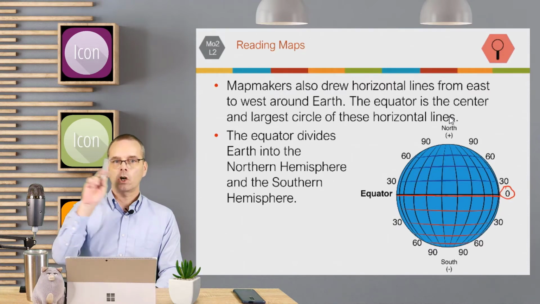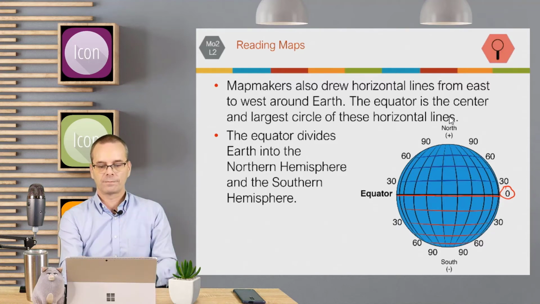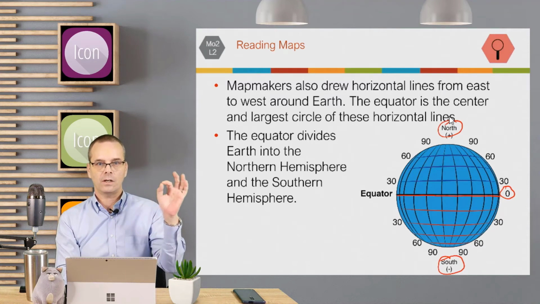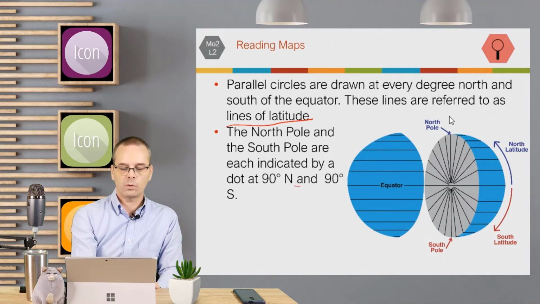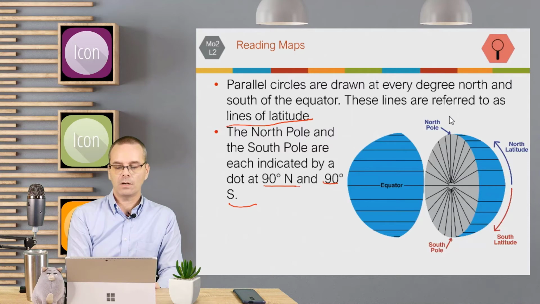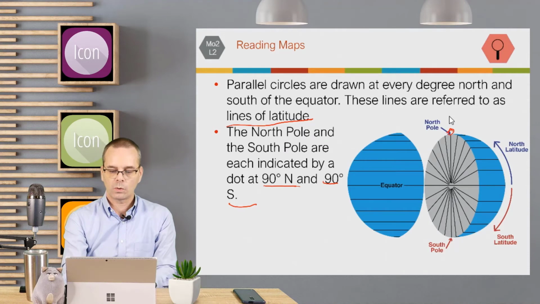That's the largest one, going right through the center of the Earth, and it divides the Earth into the northern hemisphere and the southern hemisphere. The equator is right in the middle. They draw these degrees north and south of the equator, and they are referred to as lines of latitude. The North Pole and the South Pole are 90 degrees north or 90 degrees south of the equator. That's the very top, the very tip.